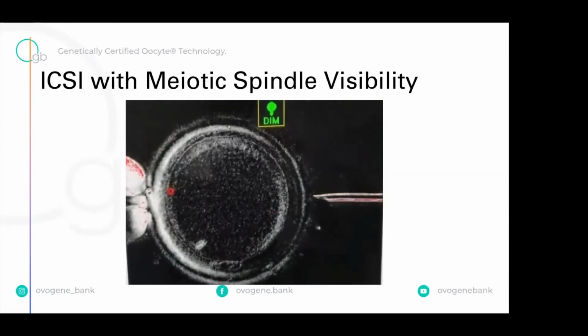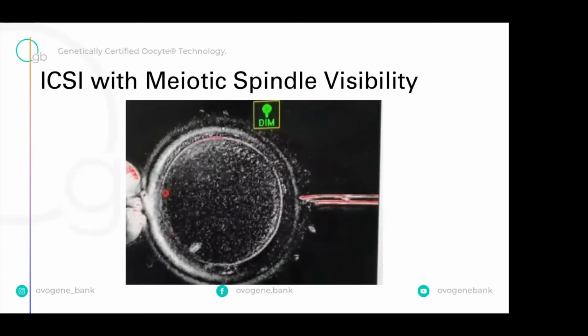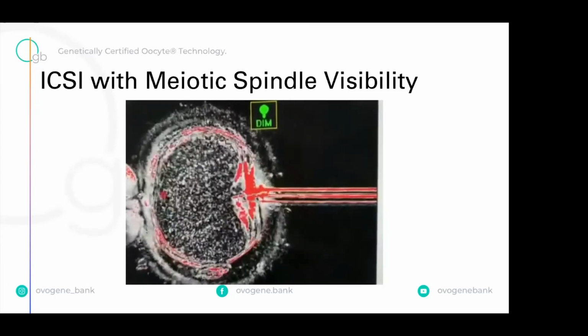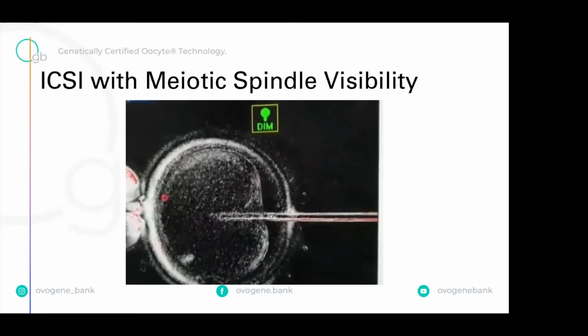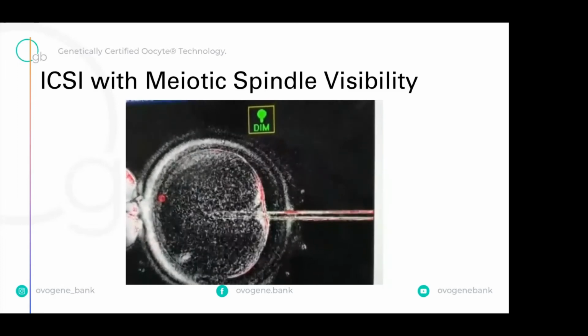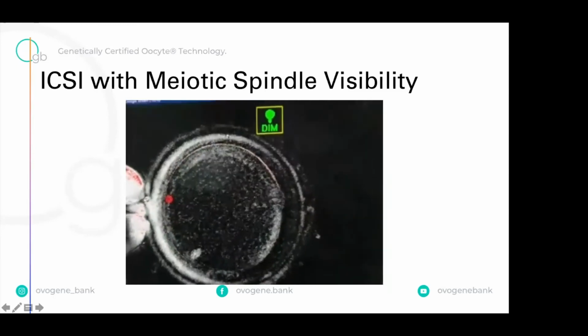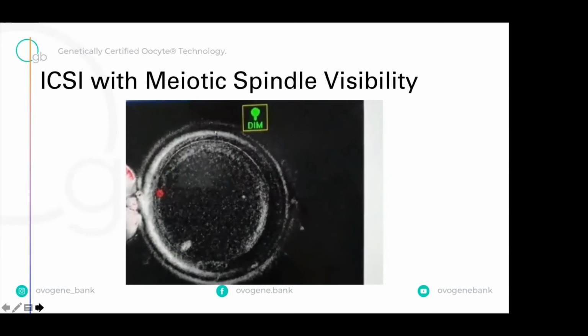When we do fertilization with the meiotic spindle known, as you see, there will not be any risk during ICSI, any kind of traumatic damage, because we already know the place of the meiotic spindle. By this time-lapse image, even if you don't have software, you will be able to do fertilization without any kind of damage.